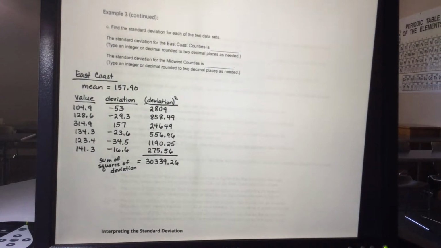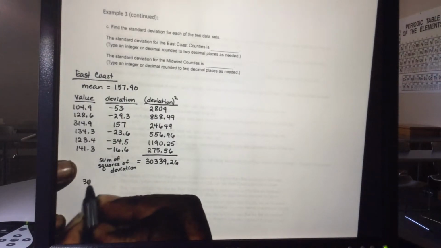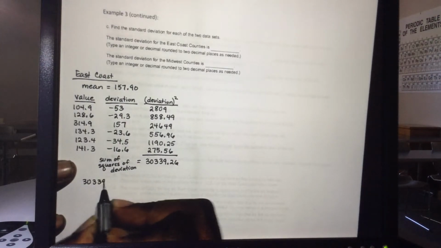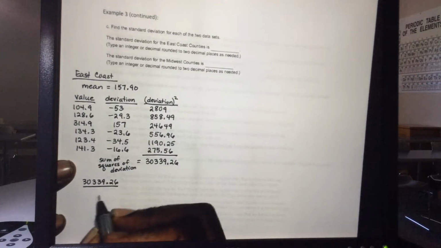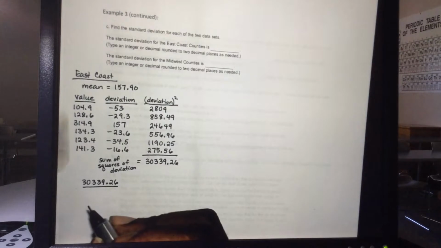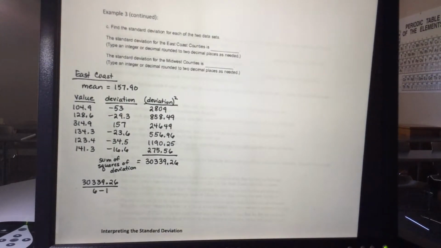Okay? And now we're going to take this number, 30,339.26, and divide it by the number of data values minus 1.